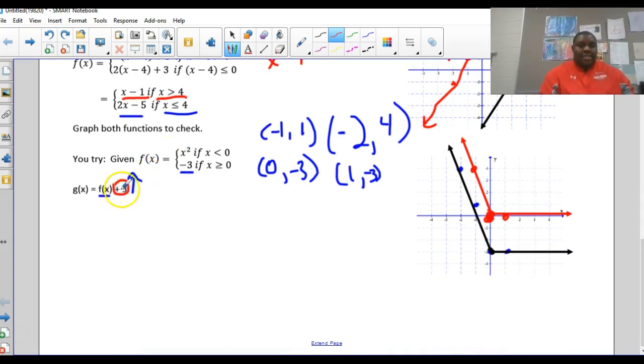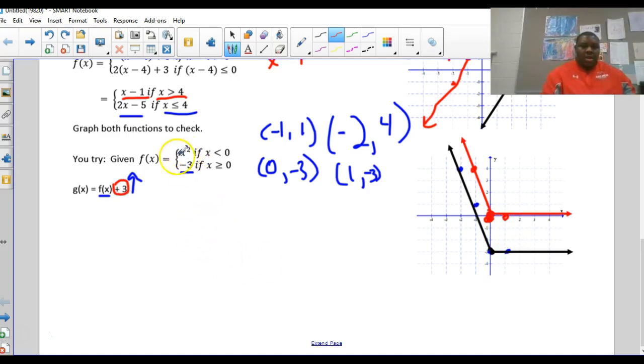The y-axis, everything changed. X value is still -1. The y moved up. This is still -2. The y moved up. This didn't change. Even right here, see how this is 0, but now it's 0, 0. You add 3 to it, it's 0, 0. You see what I'm saying? That x value didn't change, the y changed.